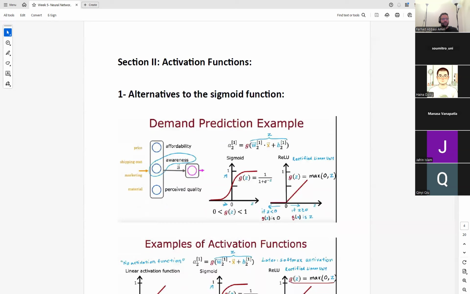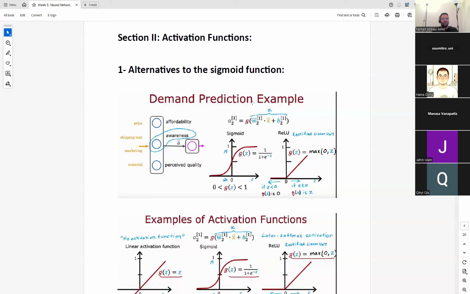So you remember the demand prediction example, the t-shirt being a top seller or not. You remember this simple neural network to see if the demand for a product is high or low.